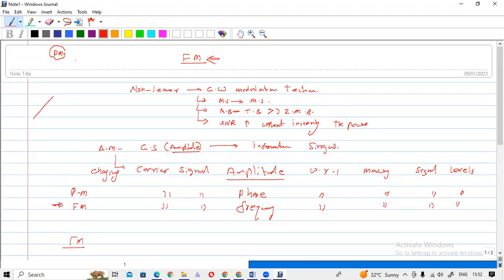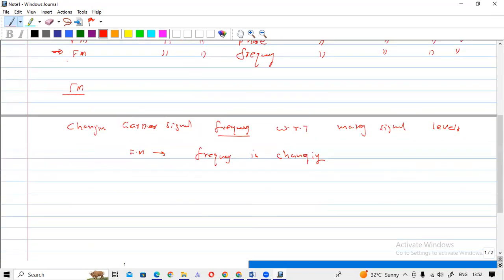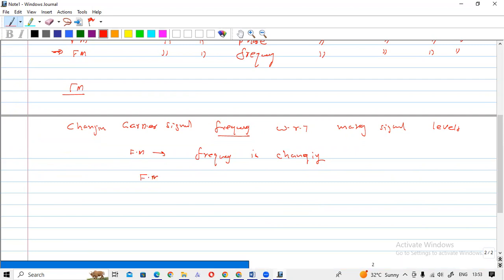And in FM, the frequency is changing means that instantaneously, at every instant, the frequency is changed.